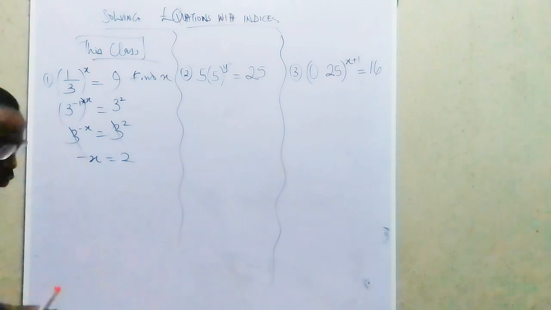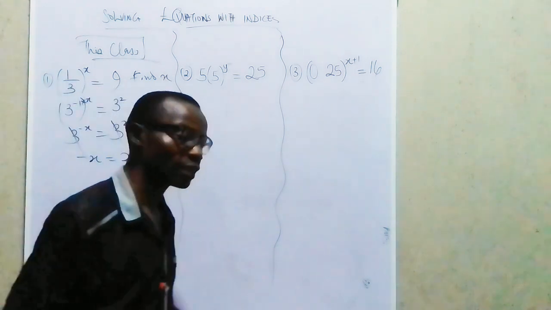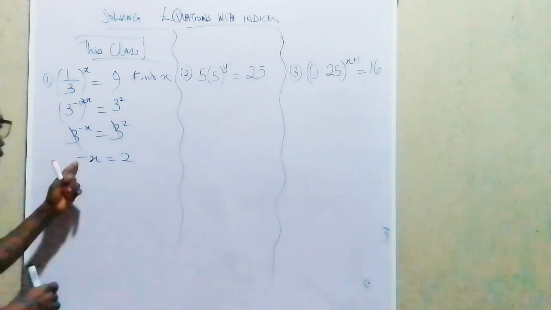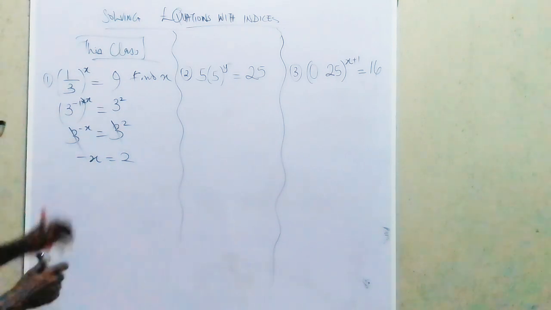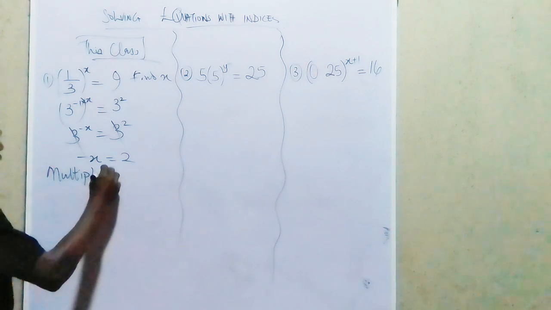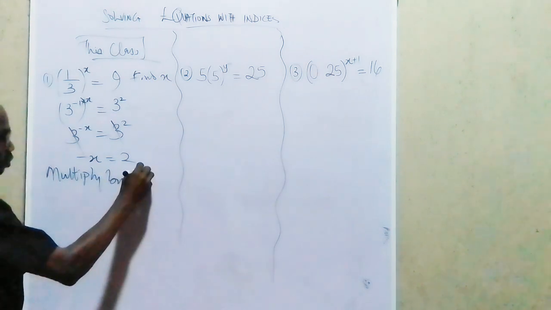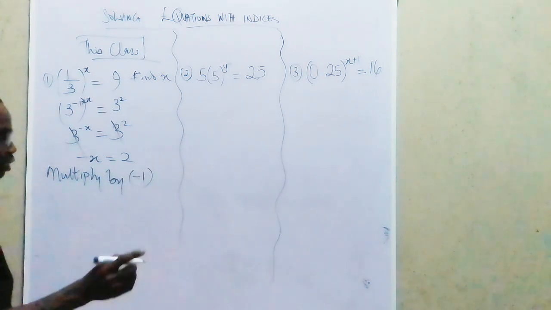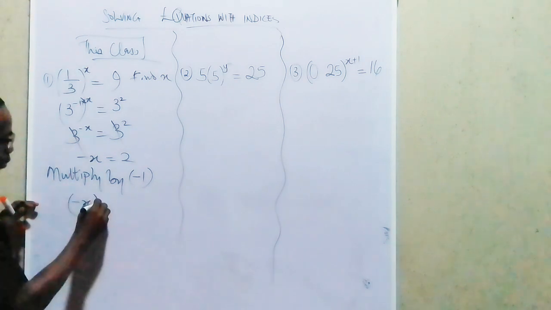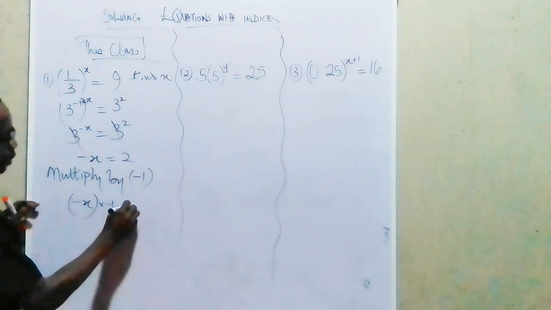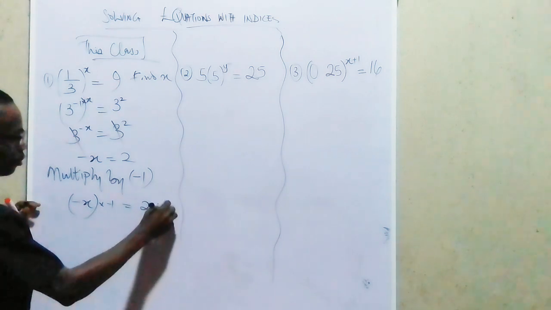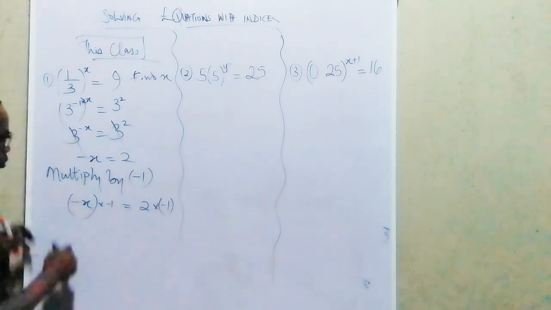The first thing to do is to use a number that is not going to alter this x and put the negative of it. We're going to multiply by -1, both sides. So we have minus x times -1, and the same thing equals 2 times -1. So let's go.